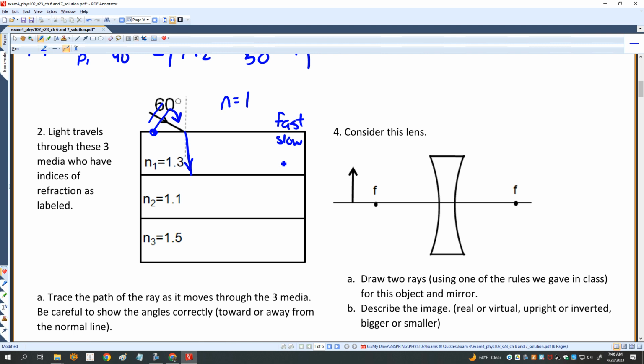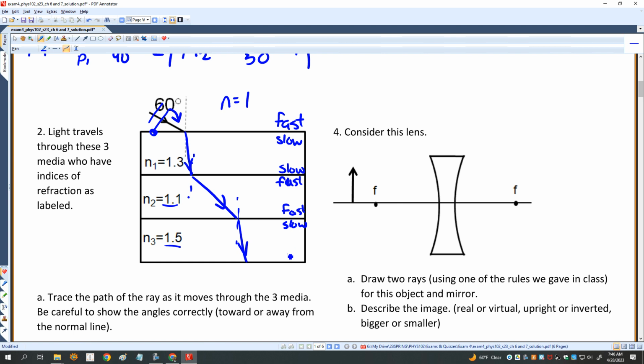Now, as I move from 1.3 to 1.1, I'm moving from one that is slower to one that is faster. So if I think about my wavefronts, it's going to now move away from the normal. And then as I move from a fast again to a slower medium, from low index to high index, I find that it moves towards the normal like that.